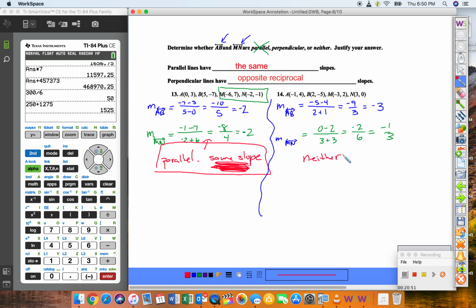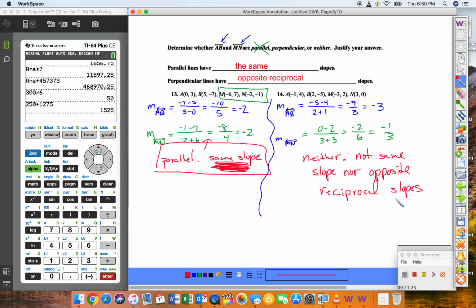A lot of people struggle with the reason why they're neither. It's actually the easiest. I'd ask you, how did you know it was a neither? And you'd say, well, they're not the same slope and they're not opposite reciprocal slopes. That's exactly what we write down. We write not the same slope, and then use the word nor, opposite reciprocal, which needs to be spelled right, slopes.